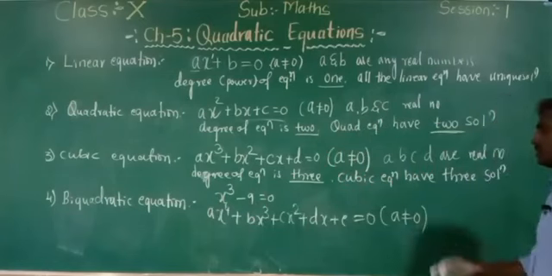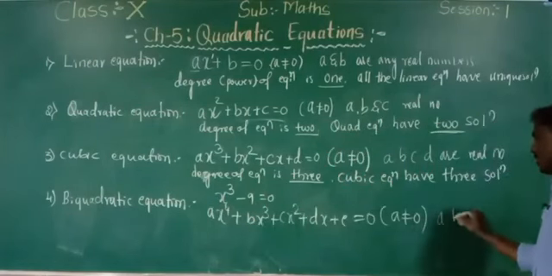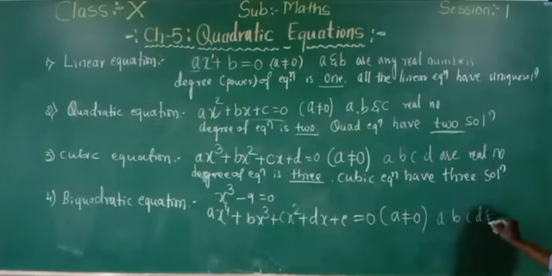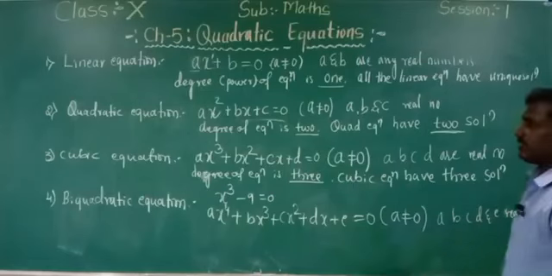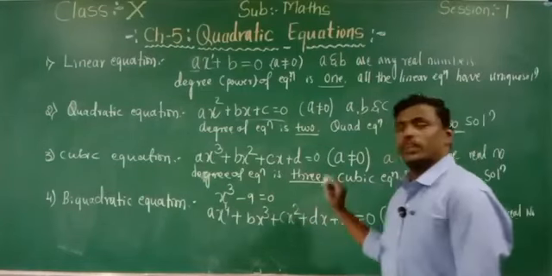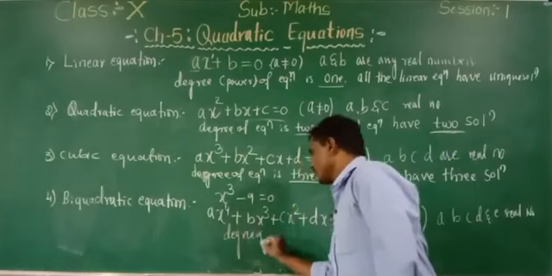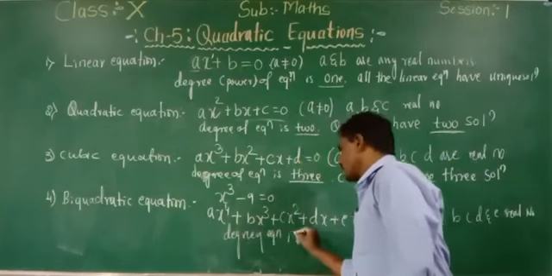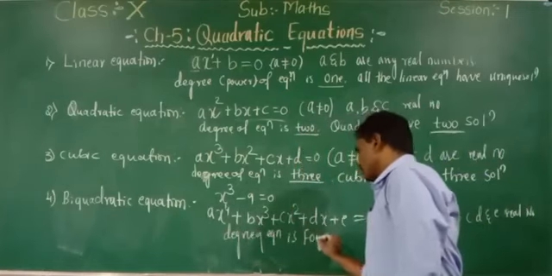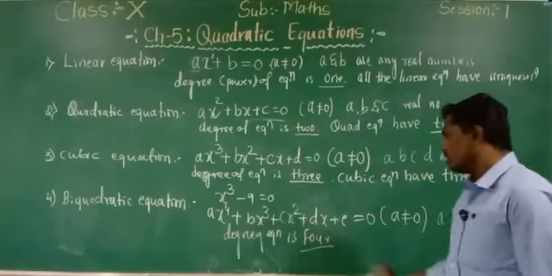A is not equal to 0. a, b, c, d and e are real numbers, and the degree of the equation is 4.